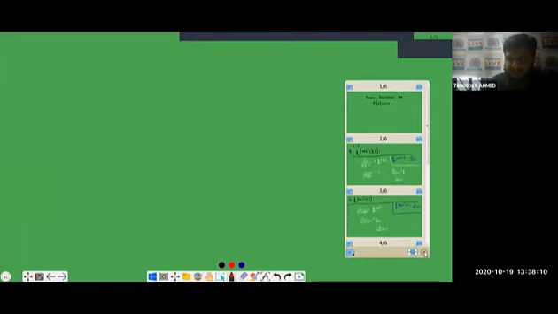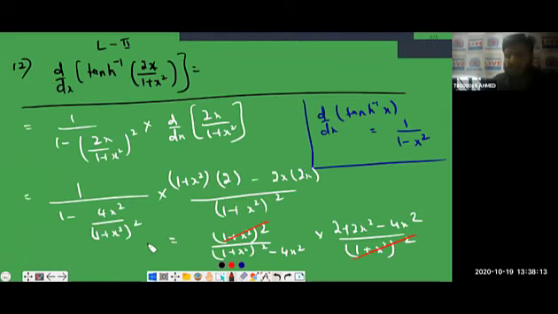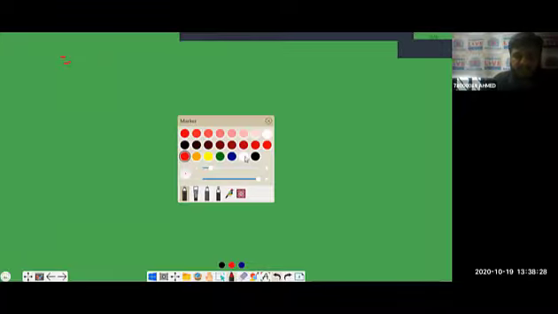So 2 plus 2x square minus 4x square is 2 minus 2x square.